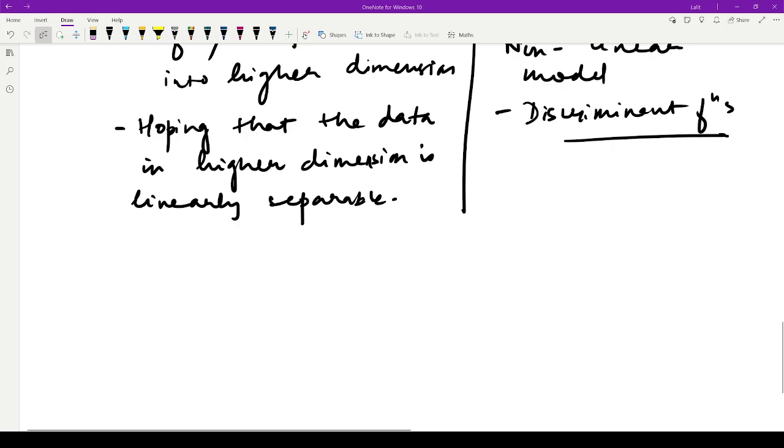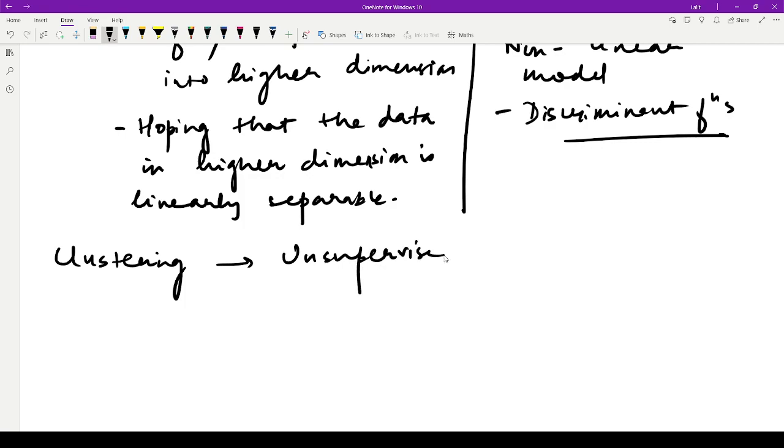What you have is just the input data. You don't have expected output data out there. Unsupervised, yes, you're right. Clustering comes under unsupervised learning.